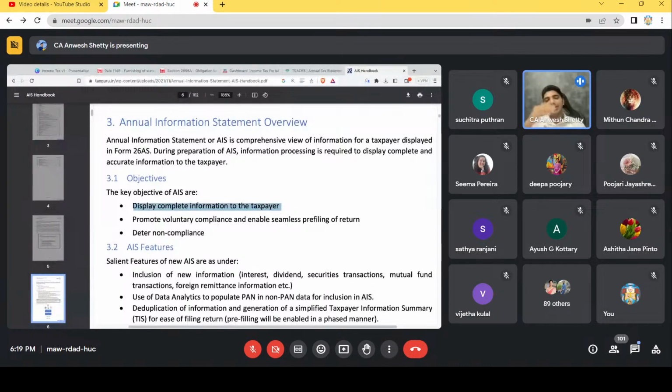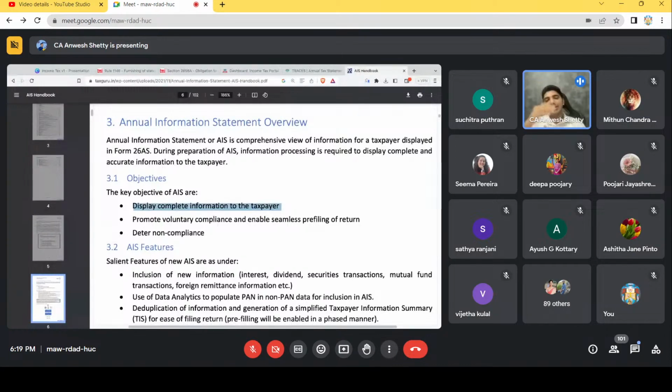The second thing is to promote voluntary compliance. Okay. Once you know that the department knows that you're receiving rent and bank interest, people would come forward and start voluntarily complying. It also enables seamless pre-filing of the return. They pre-fill your return with all the details.